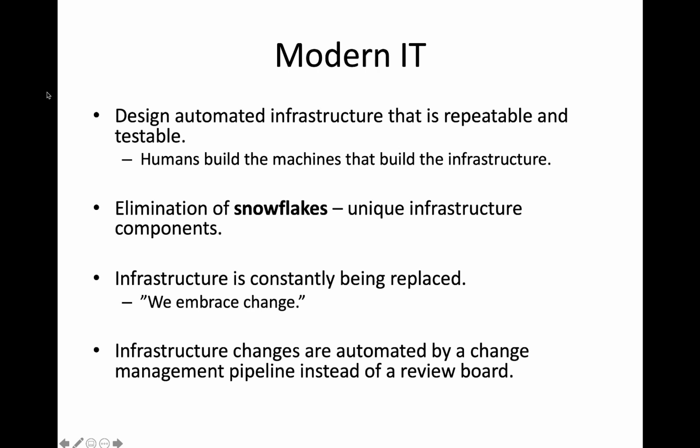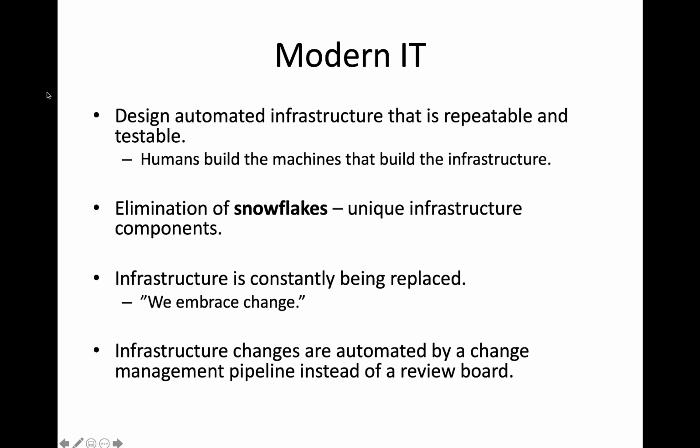As a modern IT organization, we embrace change. We recognize that infrastructure is constantly being replaced. In traditional IT organizations, we would focus on fixing our equipment if it broke. We'd focus on nursing our infrastructure back to health. We look at it very differently in a modern IT organization. We know that our infrastructure, that our topologies, are going to be constantly changing, so we embrace that change.